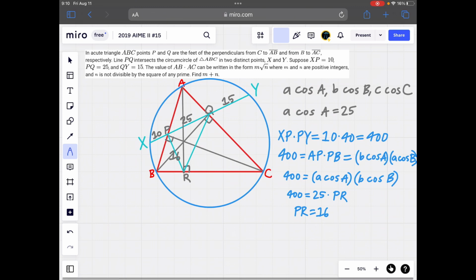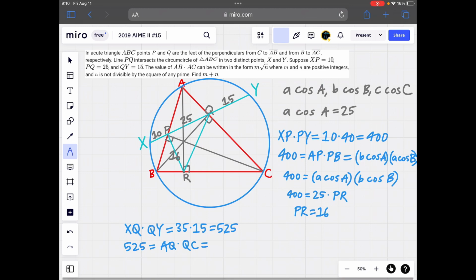We can do a similar reasoning for point Q. We have XQ times QY, which is equal to 35 times 15. And that's equal to 525. So we have 525 equals AQ times QC.